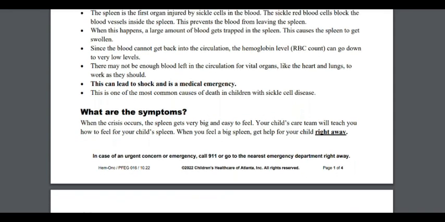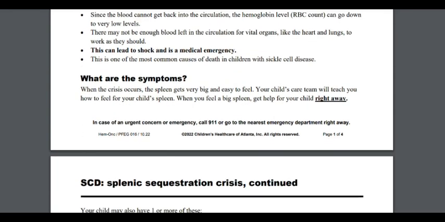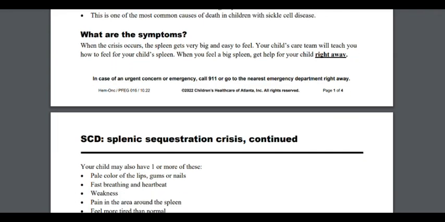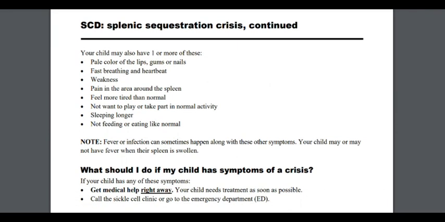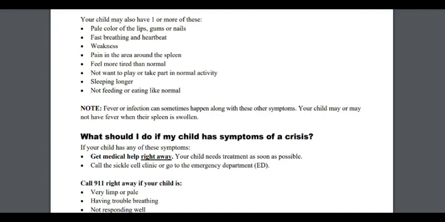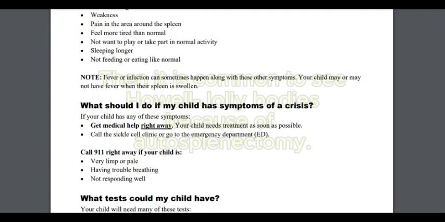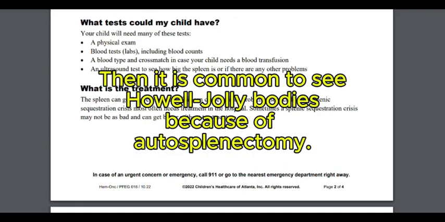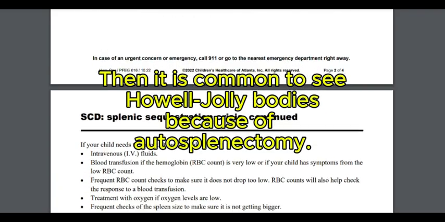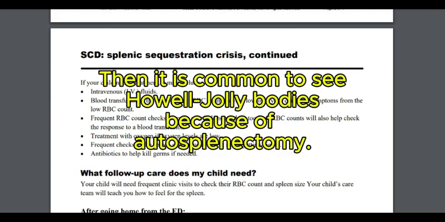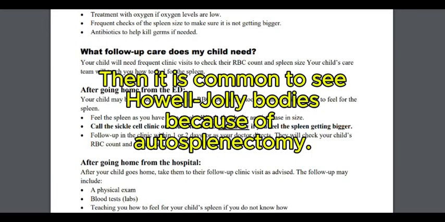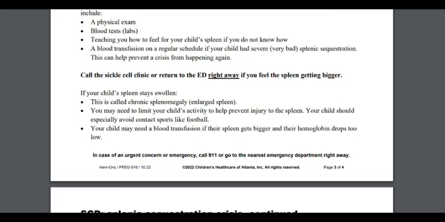So first, the spleen gets bigger. Then over time, hyposplenism develops, still in children. Repeated splenic vaso-occlusion leads to fibrosis and progressive atrophy of the organ, autosplenectomy. And then you start seeing those Howell-Jolly bodies that I told you about at the beginning. Because the spleen helps fight infection, people with sickle cell anemia are more likely to develop pneumococcal pneumonia or other infections.